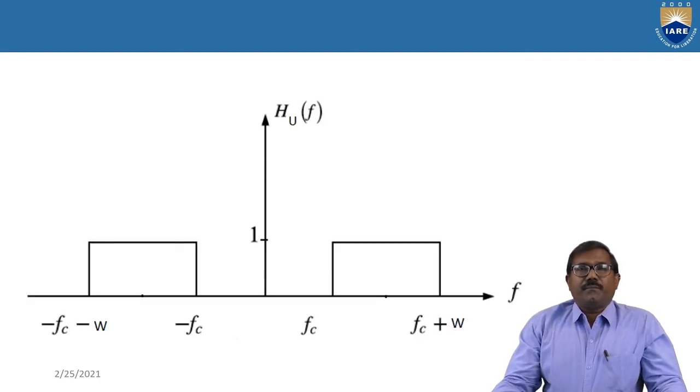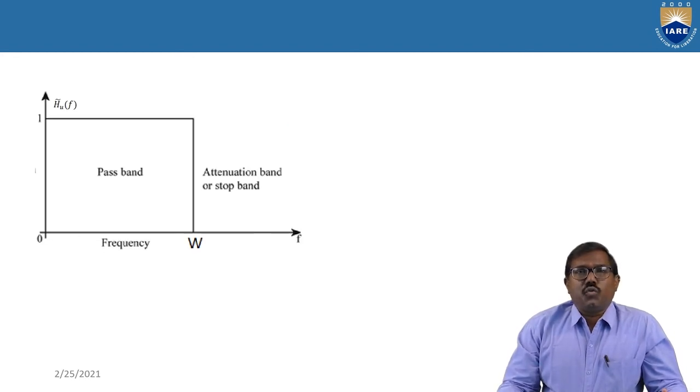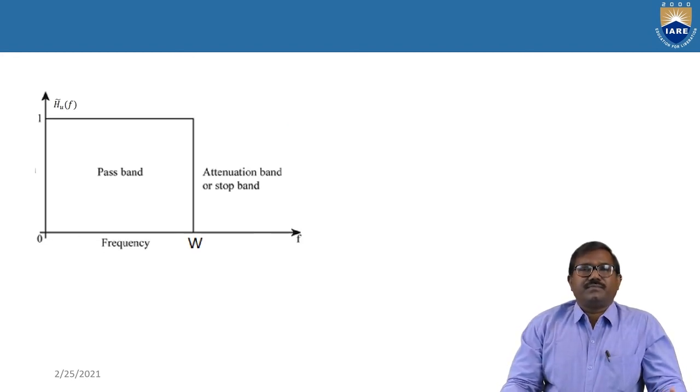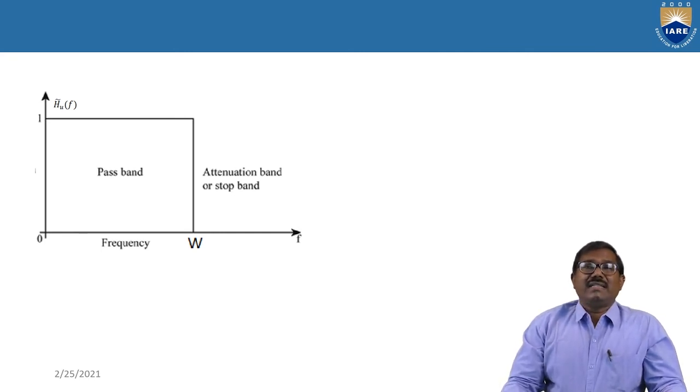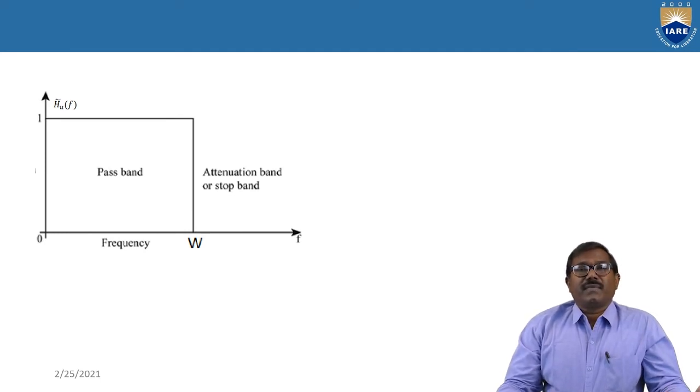So this is the frequency spectrum of the bandpass filter H_U(f). H_U(f) is the bandpass filter, and this is the low pass filter frequency response, H̃_U(f). H_U(f) is the bandpass filter response, and H̃_U(f) is the low pass filter response.